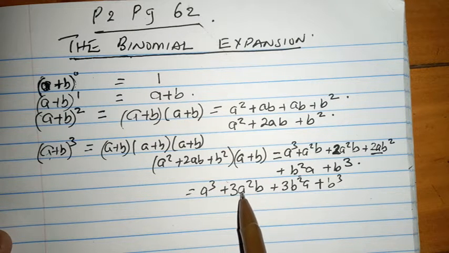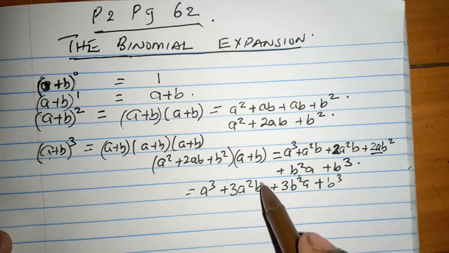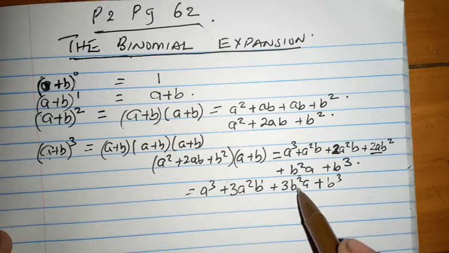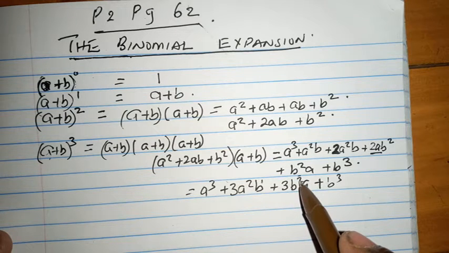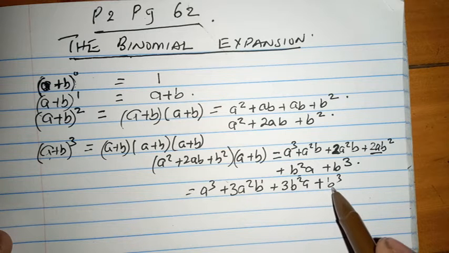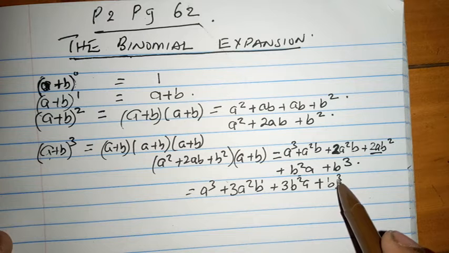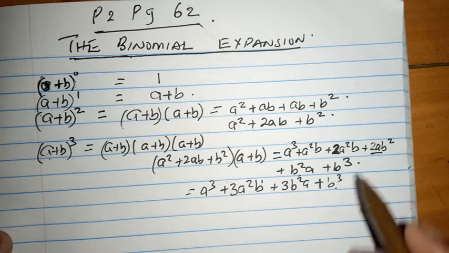Here, a is going to have an index of 2, b the index of 1. Silently, there is a 1 there. And you can see a is having an index of 1 and b now the index of 2, and that is the third term. In the fourth term, a is having the index of 0 and b the index of 3, which is the maximum index.